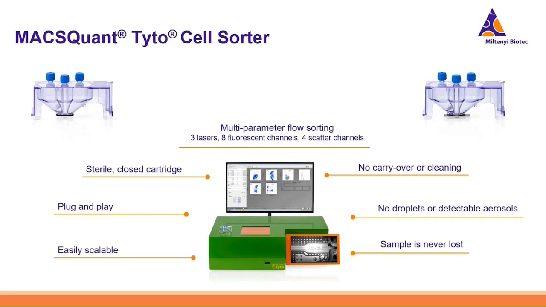Because we use a closed cartridge here, there's no carryover and also no cleaning needed because there are basically no fluidics in the instrument itself. On top of that, there's also no droplet or aerosol production by the instrument. And samples are never lost in the tubing. They are all regained in the cartridge.